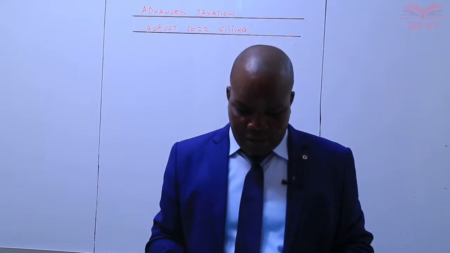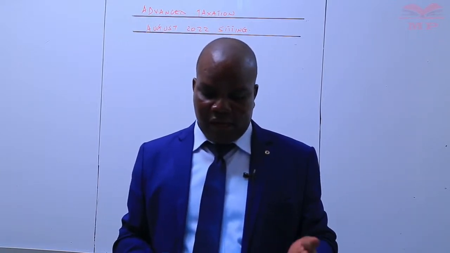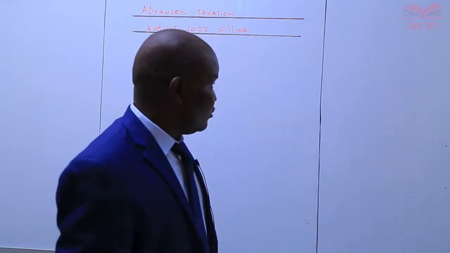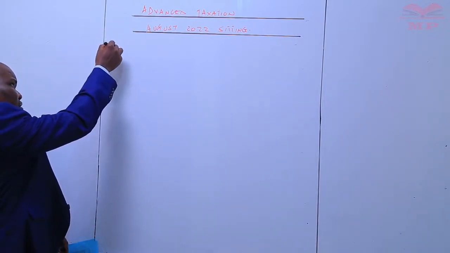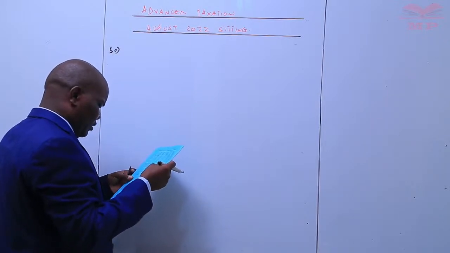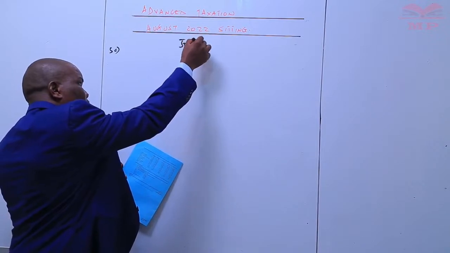So here, in short, we have to prepare a capital statement for the 4-year period to work out the taxable income. This is what we do. So we are answering question 5C. The taxpayer in question is John Mali, so we write here John Mali.